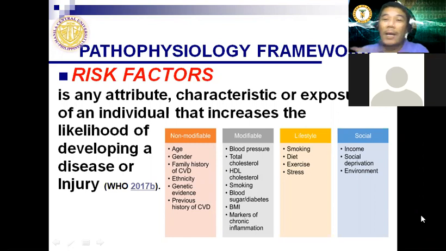So when we identify the risk factors, always take this into consideration. When you put blood pressure, don't just enumerate blood pressure, total cholesterol, HDL, smoking. No. When you're about to do a pathophysiology framework, you must have a diagram showing how blood pressure connects and leads to the development of cardiovascular disorder.